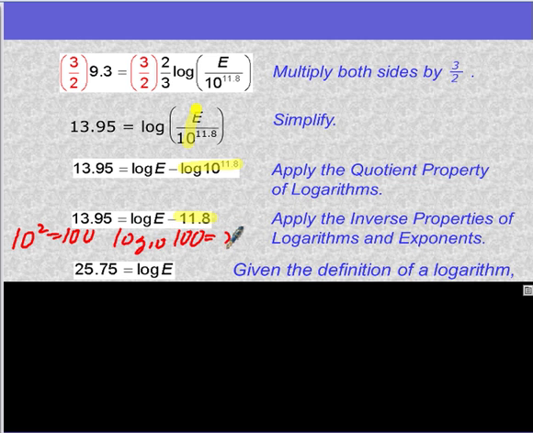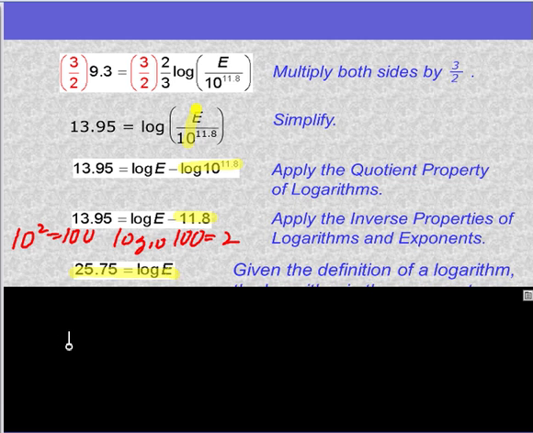So if we look at this equation, what is this telling us here? 10 squared equals 100, log to the base 10 of 100 equals 2.